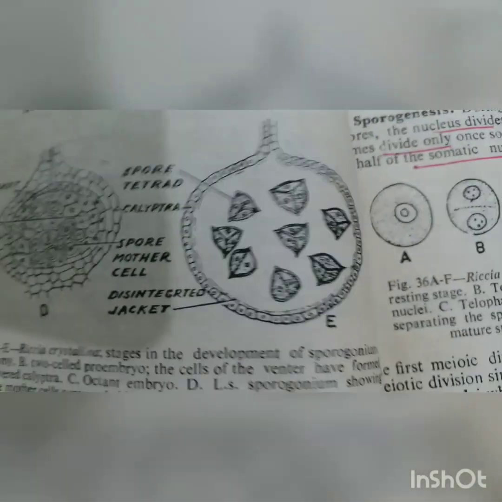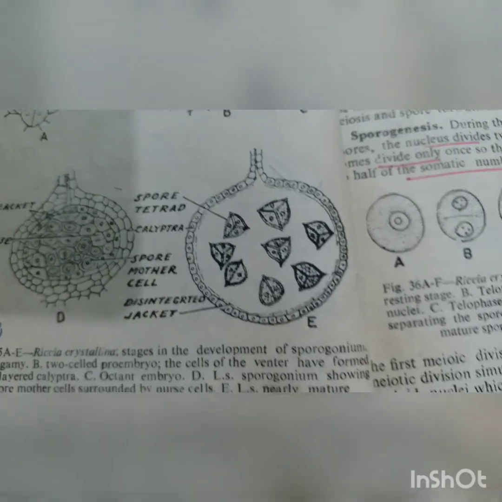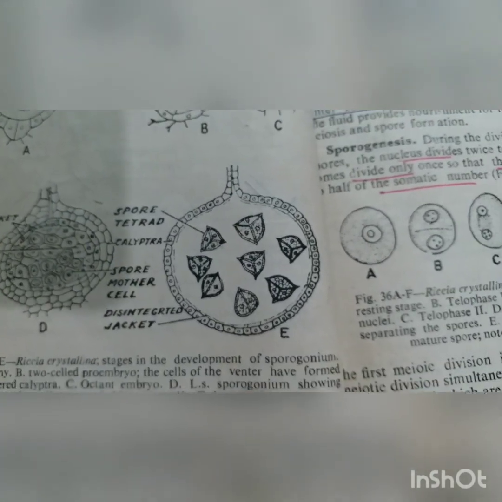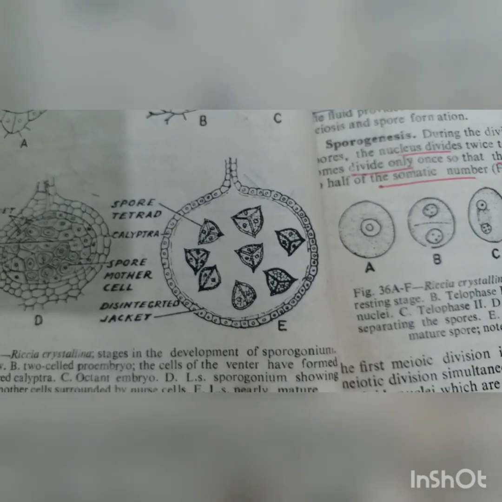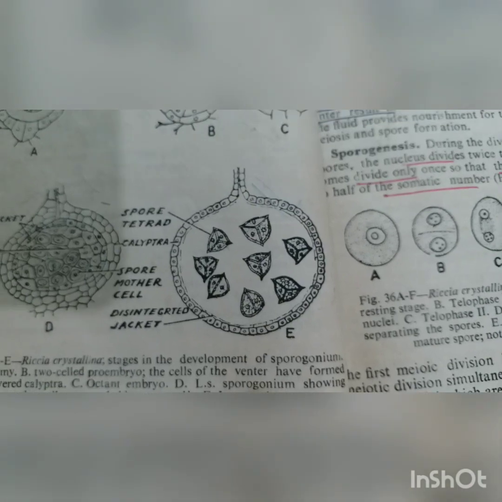And this sporophyte is a structure in which basically, see, spore tetrad, disintegrated jacket, and a single layered calyptra, right?